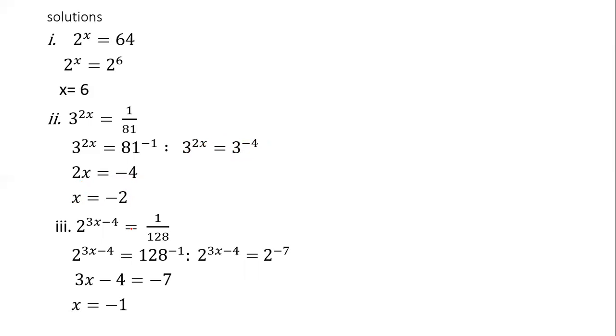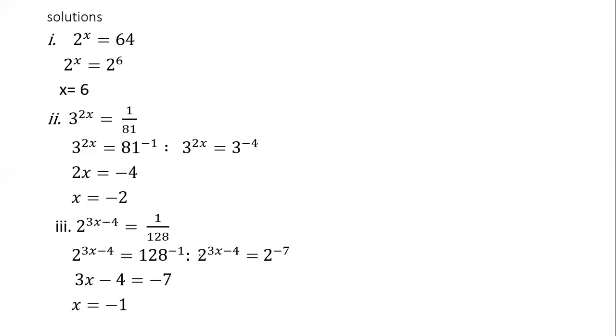The third one, 2 power 3x minus 4 equal to 1 over 128. We have to push 128 up to become 128 power negative 1. So by expressing 128 as 2 power something, we are now going to have 2 power 3x minus 4 equal to 2 power negative 7. 128 is 2 raised to the power 7, so multiplying by power negative 1 will give us 2 power negative 7.